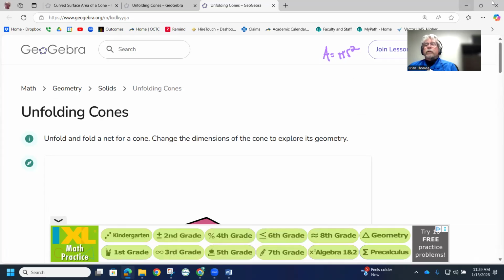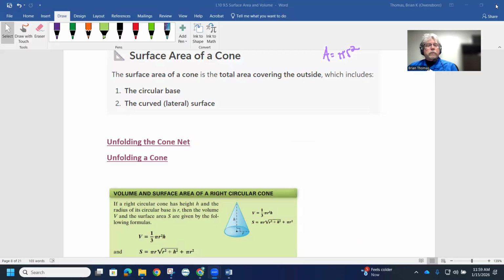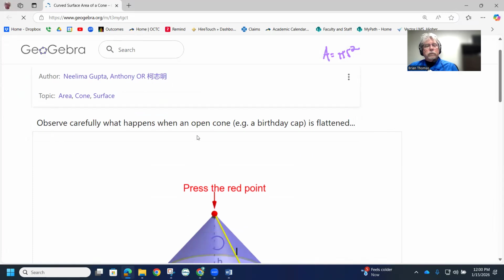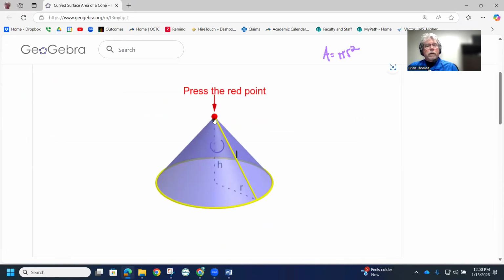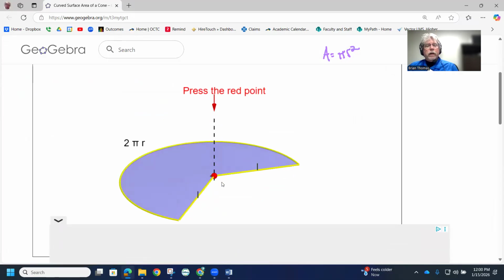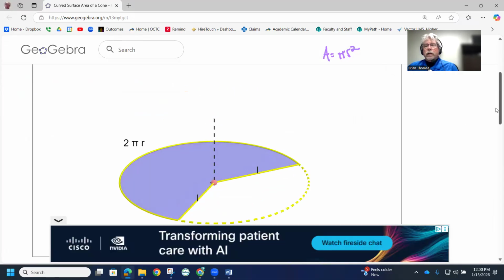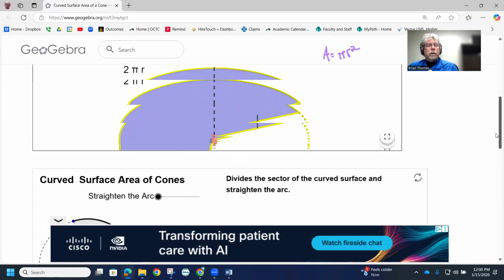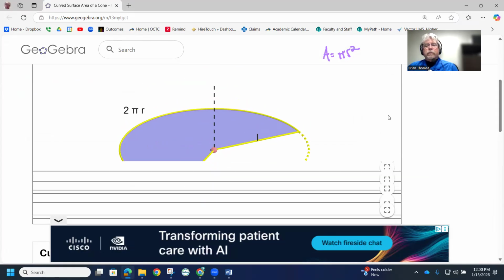All right, let's close this one out. Let's unfold this one here. So if we bring this out like this, we get that. Yeah, this is what I want.